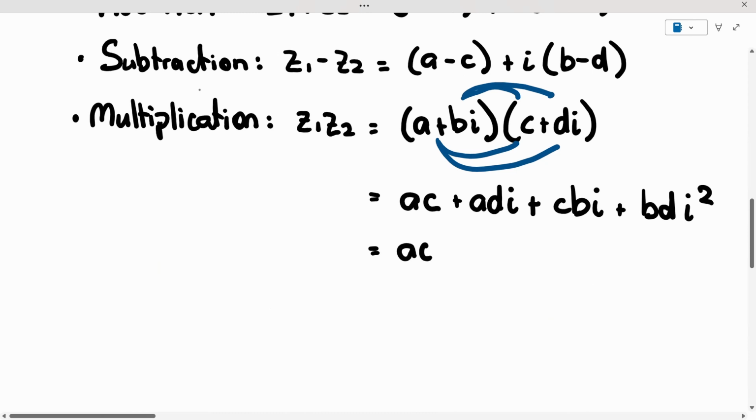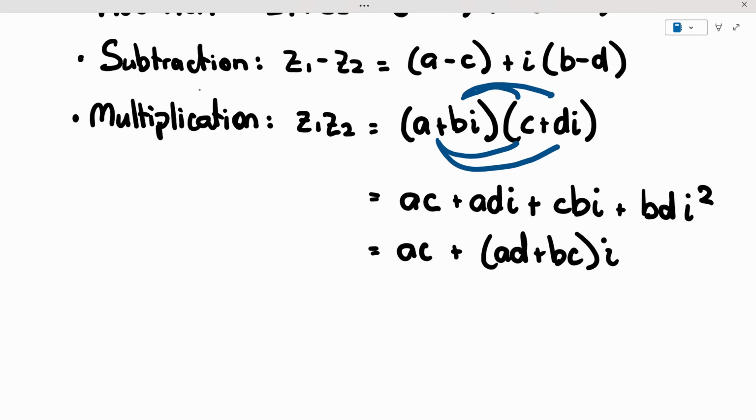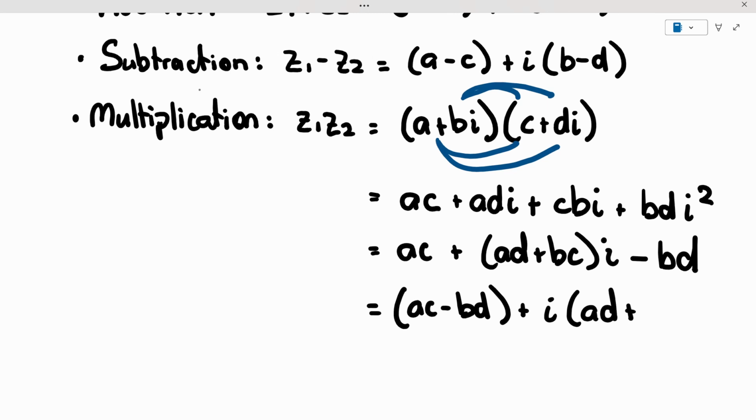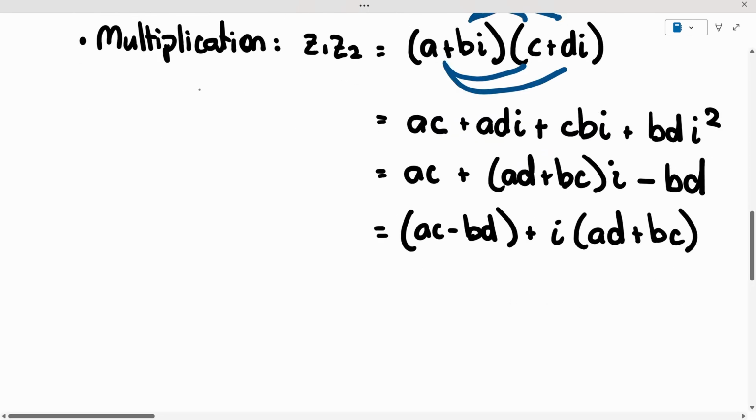This is ac plus, and we can group these, ad plus bc times i, minus, because i squared becomes minus 1, bd. So our real part is ac minus bd, and our imaginary part is ad plus bc. Of course, it doesn't really matter whether you write the i before or after.